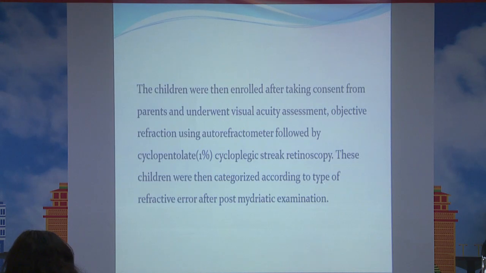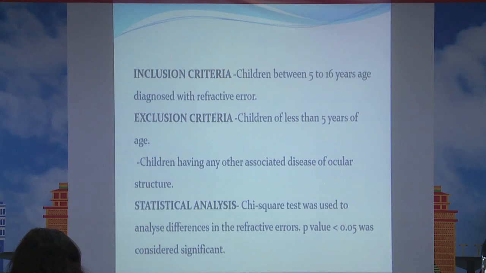The children were then enrolled after taking consent from the parents and underwent visual acuity assessment, objective refraction using autorefractometer followed by cyclopentolate 1% cycloplegic stick retinoscopy. These children were then categorized according to the type of refractive error after post-mydriatic examinations.